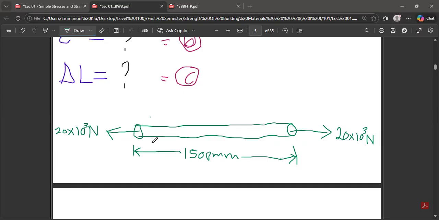If the modulus of elasticity of the material, the E of the material, that every material has, is the measure of what stress the material can withstand before failure, do you understand me? So that is the modulus of elasticity, giving us 2 times 10 exponent 5 Newton.